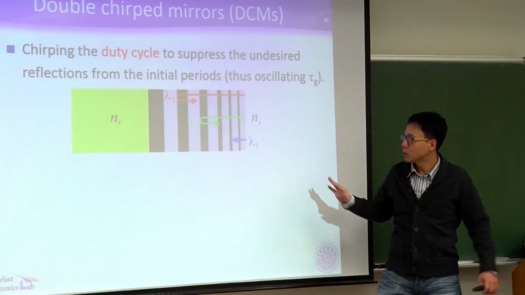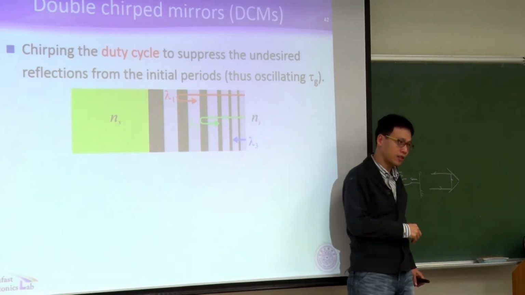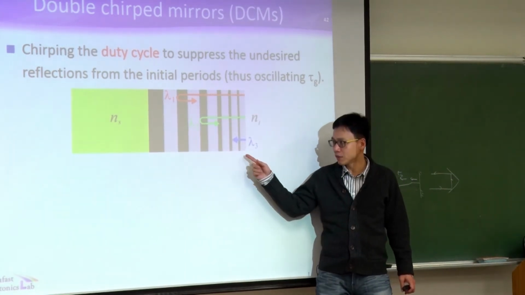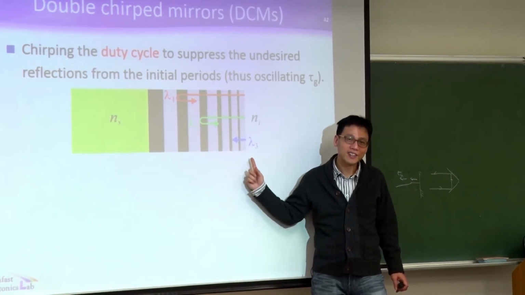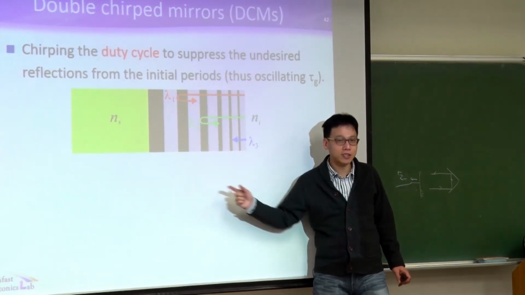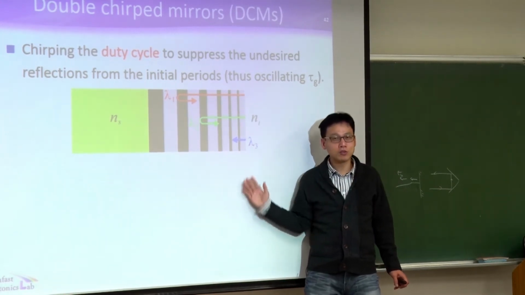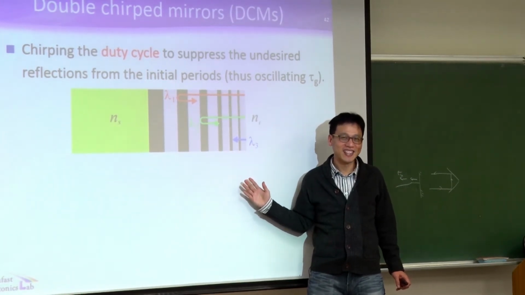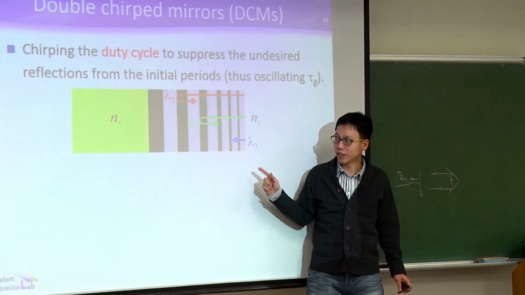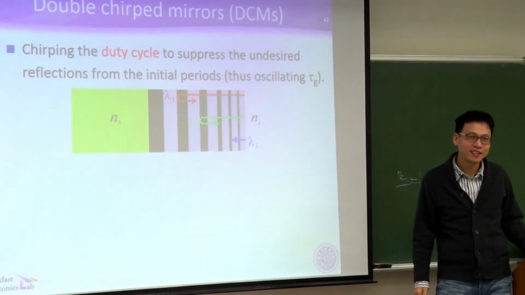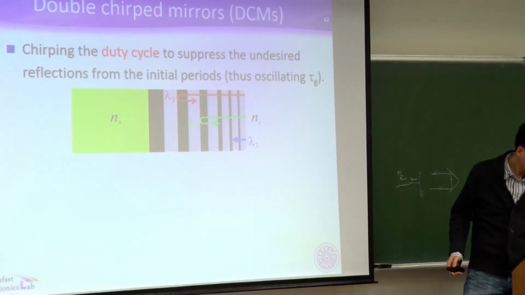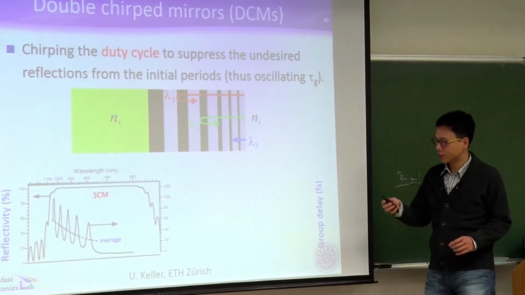But here, we purposely reduce the reflectance in an attempt to suppress the partial reflectance here. You know, you have a cavity effect due to the partial reflector here, right? If you suppress the partial reflector, the ripple will be reduced. That's the central idea. And I can show you one example.